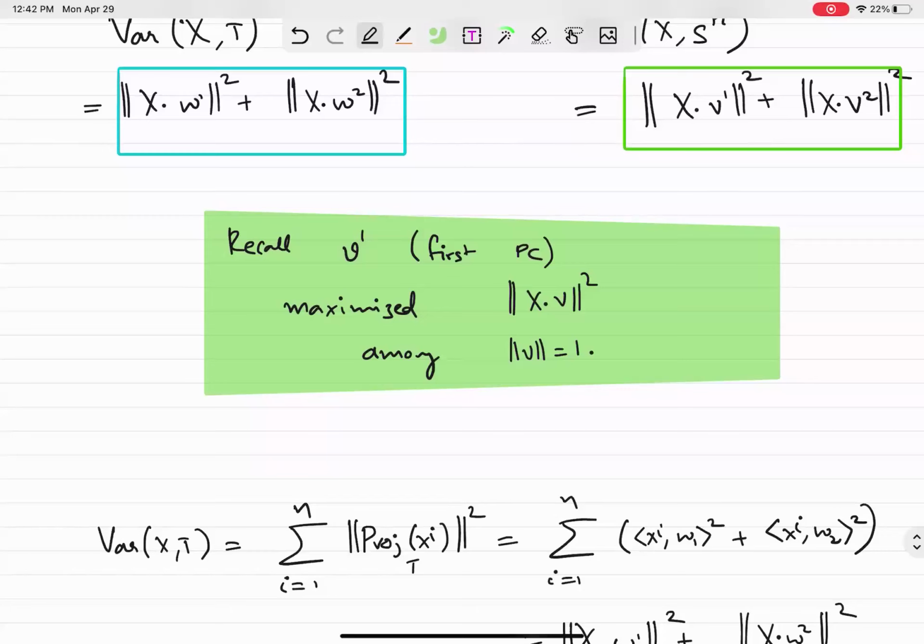Exactly. Replace something on the left with quality. Right, so that's exactly the start I was looking for. By definition, the first principal component maximized this. That was a vector which maximized this among all unit vectors, right? So at the very least, this term x dot v1 would be higher than either of them.